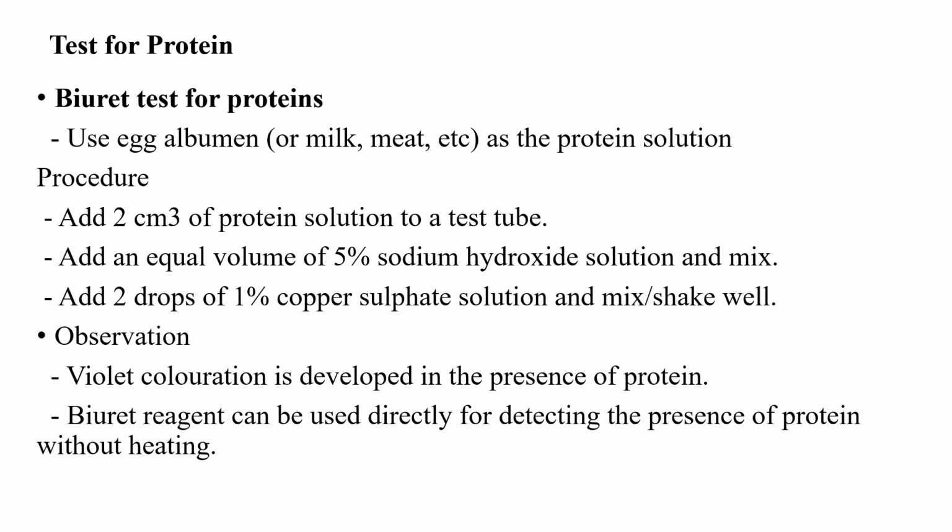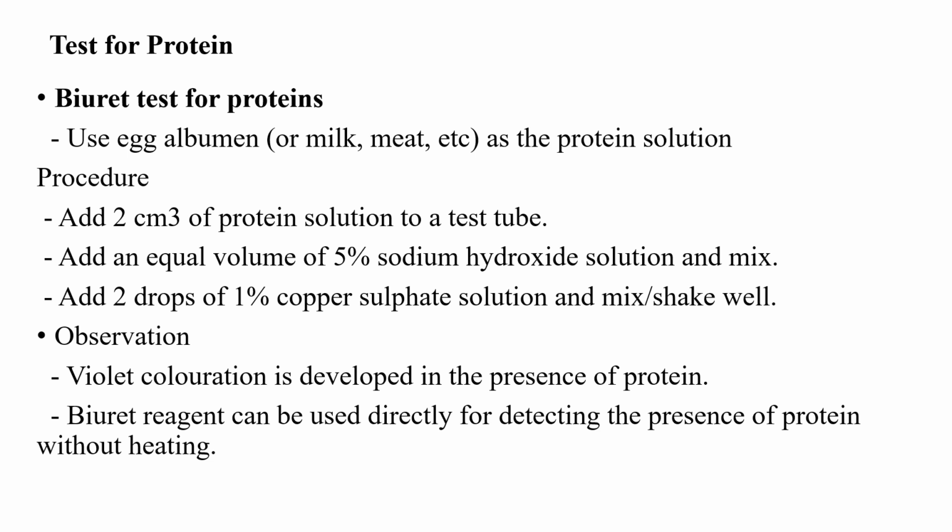Now, test for protein. The first test for protein we're going to consider is the Biuret test. In the Biuret test, you use any food item that we normally refer to as containing a large quantity of protein, like egg albumin, milk, meat, or maybe fish.